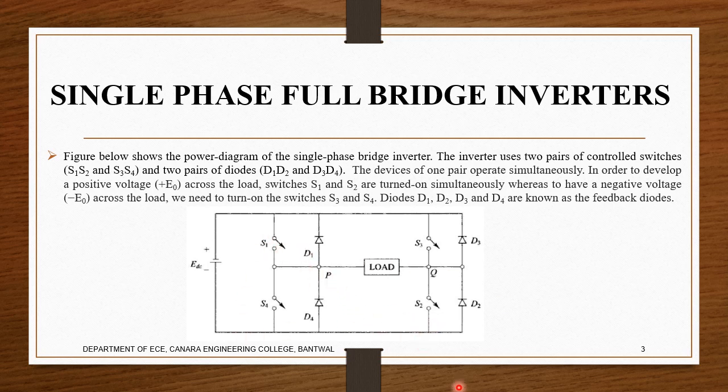If S1 is on, S2 should be on as well. S3 and S4 should be on simultaneously. S3 and S4 will be connected to the negative supply, whereas S1 and S2 will be connected to the positive supply. That is done through the feedback diodes. These are the feedback diodes available here.